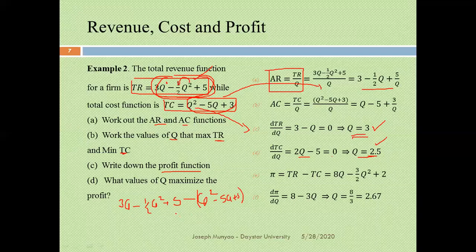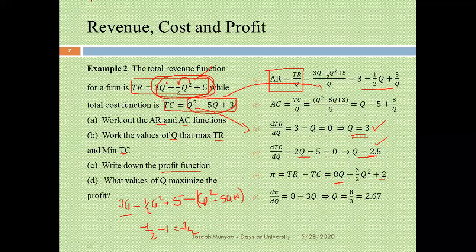Now, the part that has no square is 3Q minus 5Q, so that gives us 8Q. The other one is minus 1 over 2 Q squared minus Q squared, so it's a minus giving more addition. So you get minus 1 over 2 minus 1, giving us minus 3 over 2. That's why I have minus 3 over 2 Q squared here. And the other one is plus 5 minus 3, giving us that. So that is the profit function.